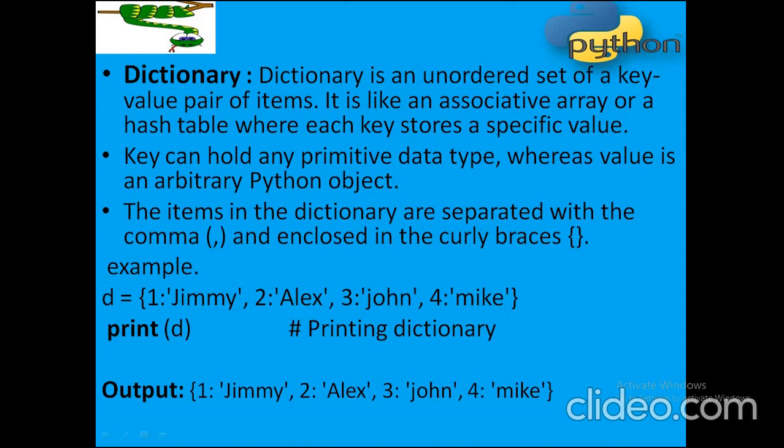For example, we have one syntax, d equal to, this is a key and this is a value. So this is in key pair form, key and value, key and value, key and value. If we want to print this, we can directly give print d. The output of the syntax is as it is, the data we just defined.